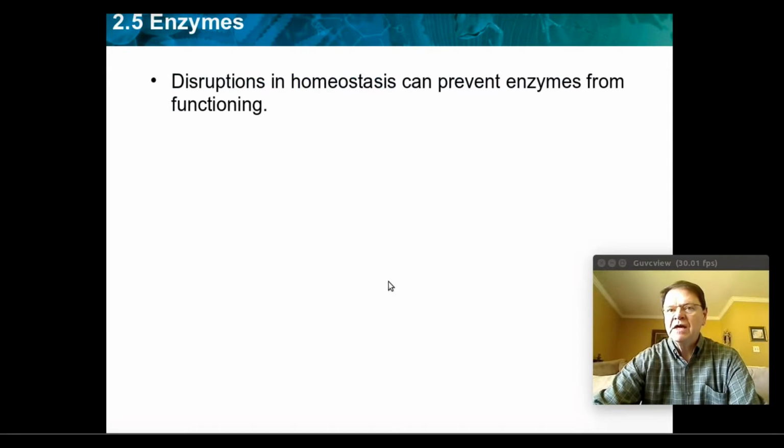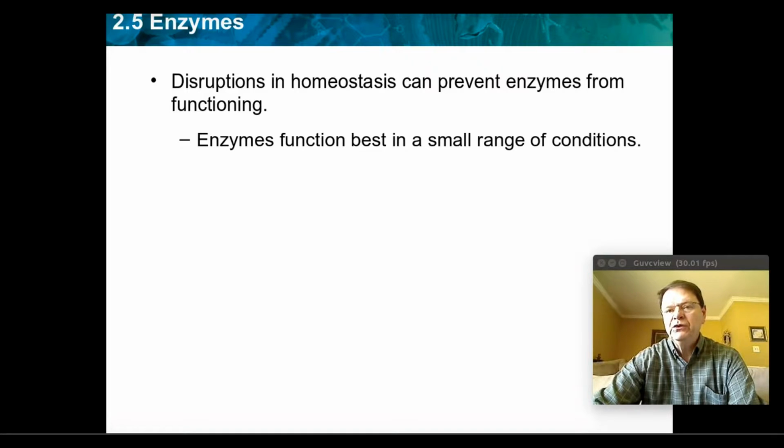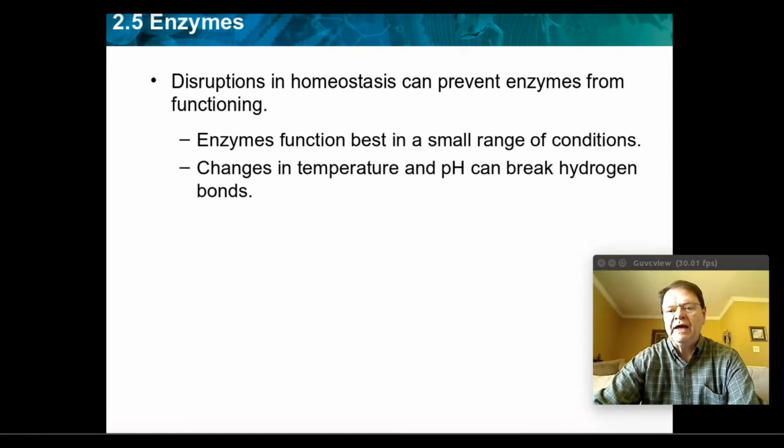And because the enzymes have to work in tightly controlled conditions, homeostasis is critical for enzymes to move forward. If there's a disruption in the conditions within the cell, enzymes may not work at all. And the two key conditions that we're going to look at here are temperature and pH.